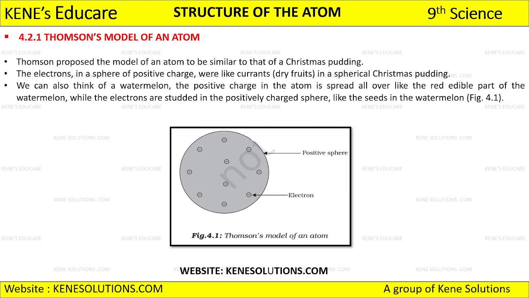Always remember that Thomson gave a perfect example of a watermelon, where the black seeds act as electrons, and the red part includes protons and neutrons. The red part is the nucleus. So this is how it works. Please go through this slide once.